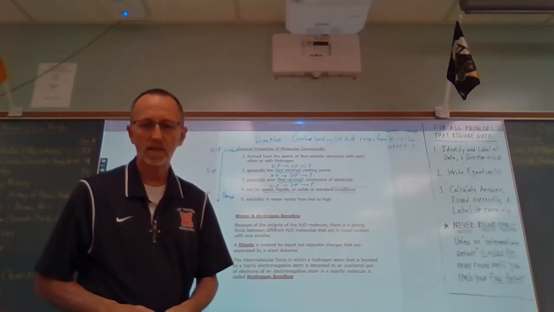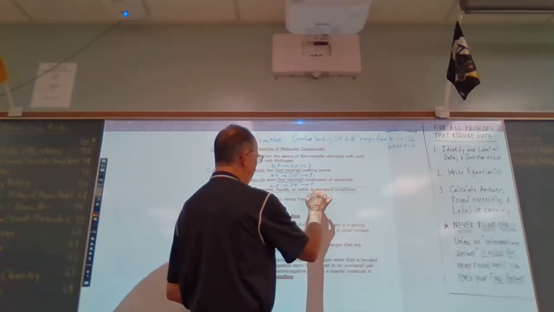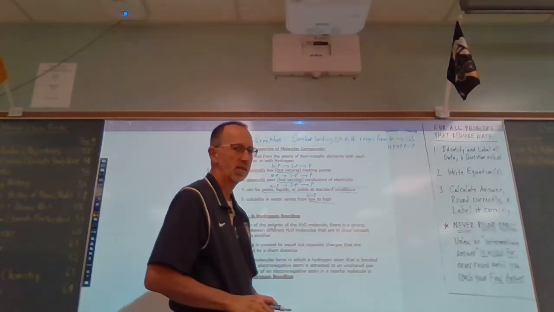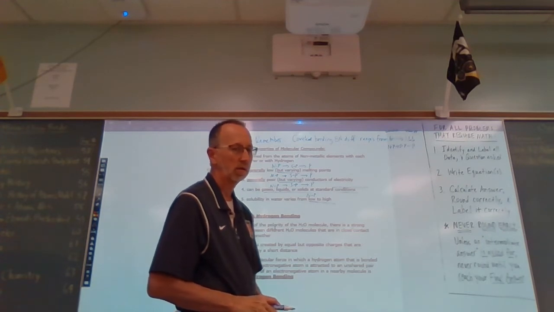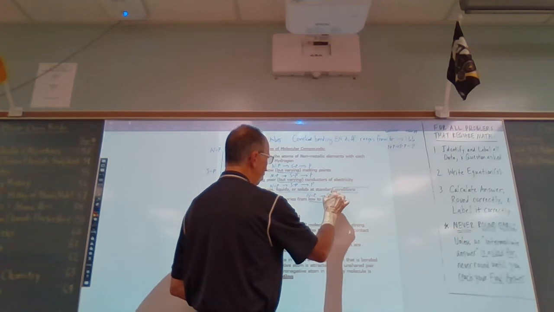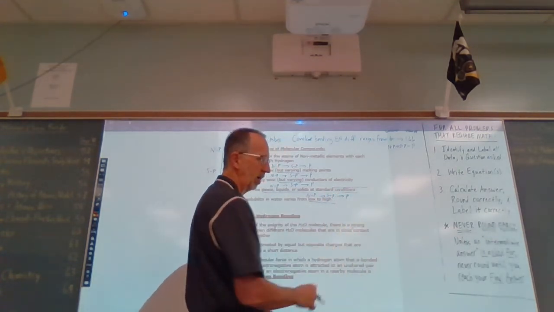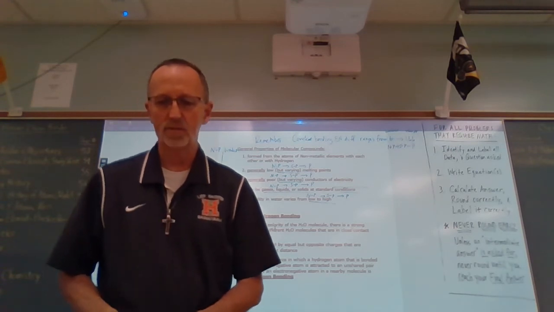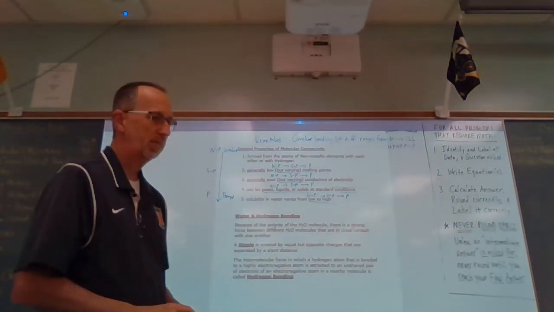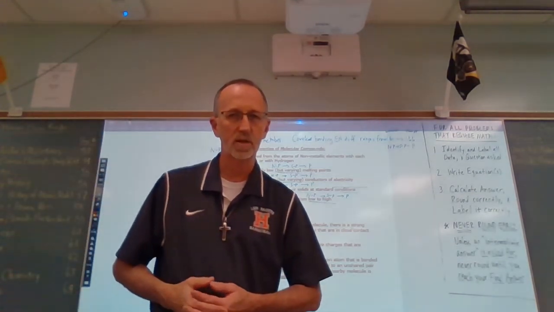And solubility in water varies from low to high. Well, here again, non-polar things don't dissolve in water at all. Semi-polar do better, and polar do very well. So again, we have a wide variance here because the electronegativity difference in covalent bonding varies pretty widely.